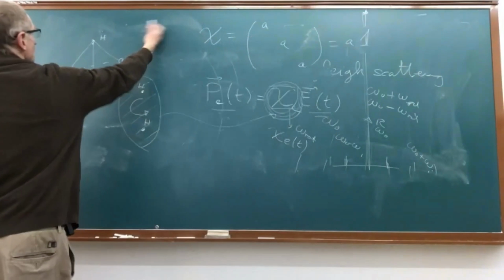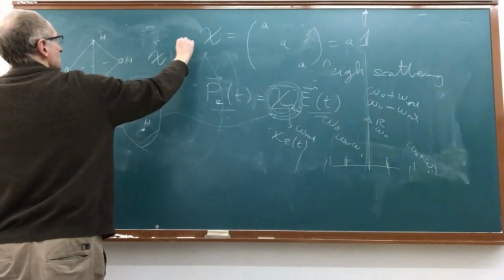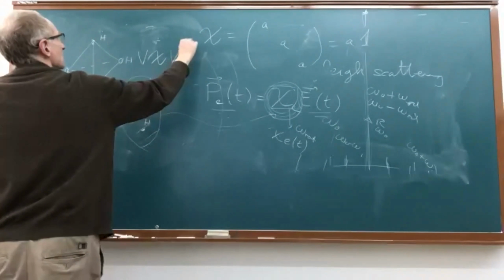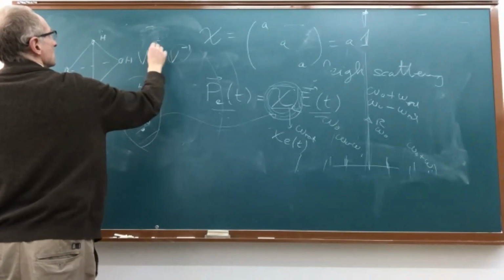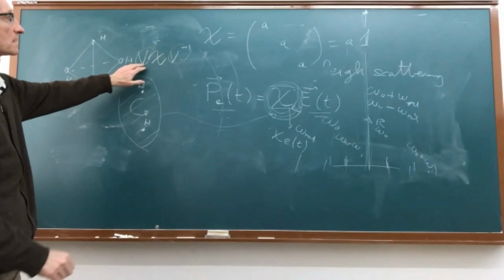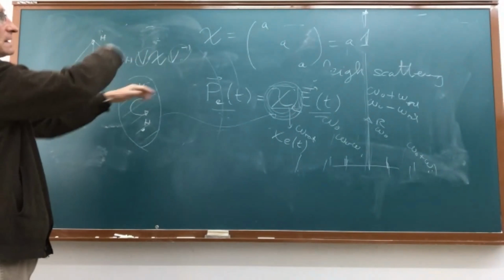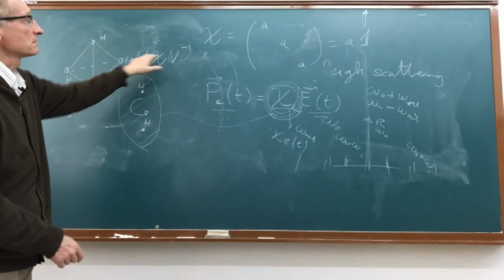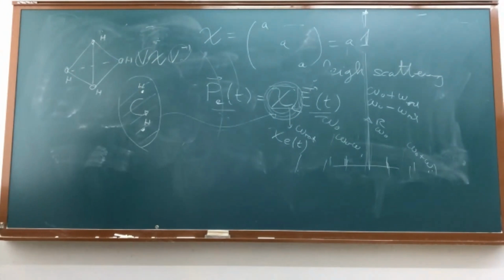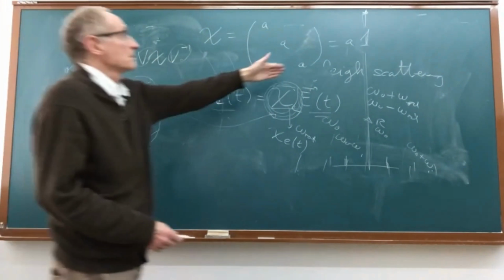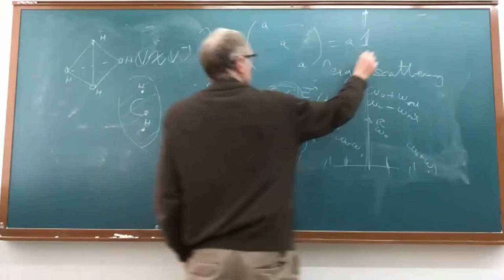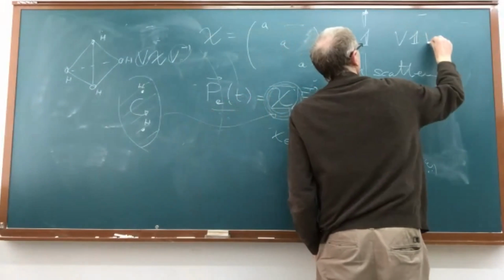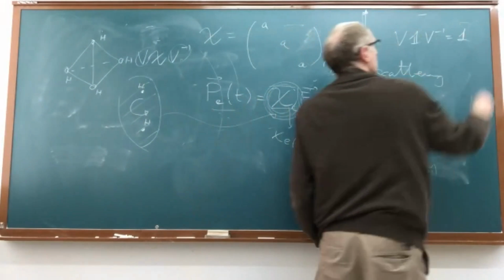Remember that the tensor I have to rotate just by a similarity transformation, something like this. This is the vector representation, and I just rotate it. Tensors rotate something like this. Okay. Now, if I do this, 3, 1, 3 minus 1, 3 minus 1.